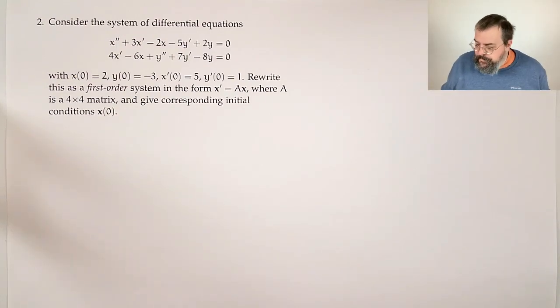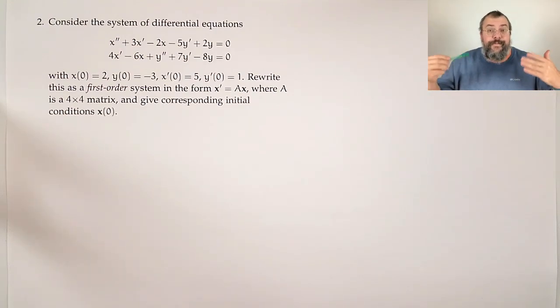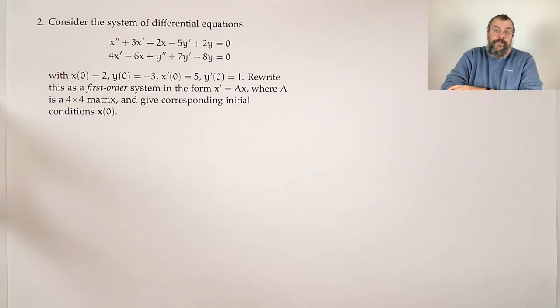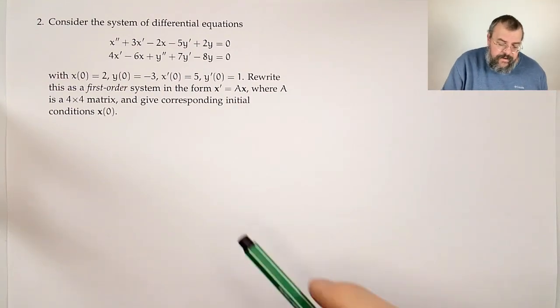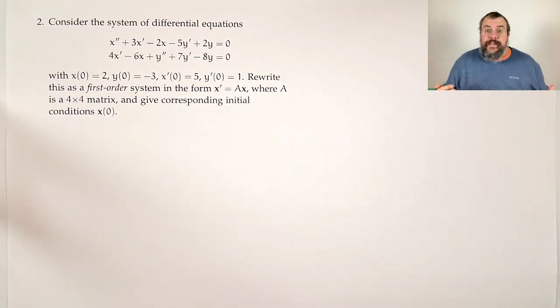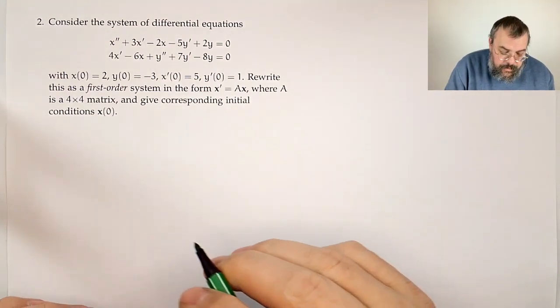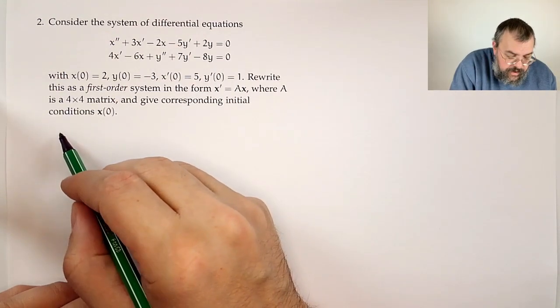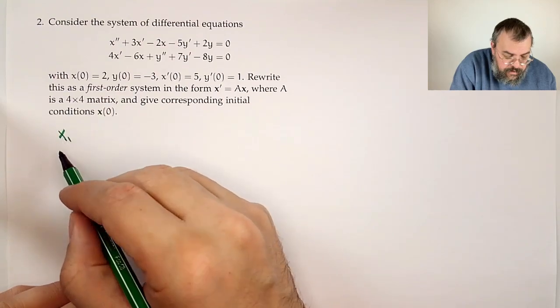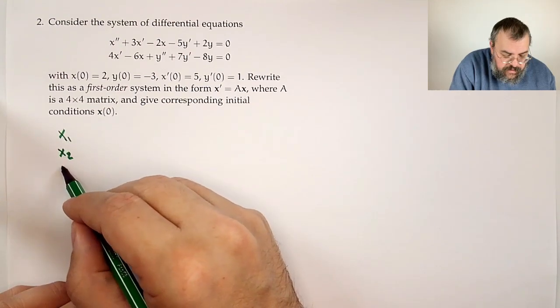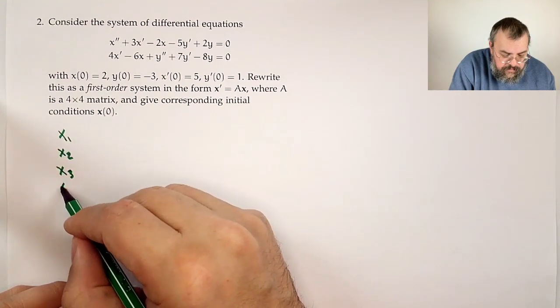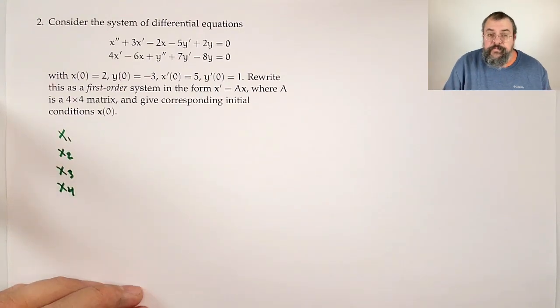And the way it works is we'll introduce some new variables here. So normally when we think of x prime equals Ax, and we're told it's a 4x4, what we have is 4 things we're trying to solve for: x1, x2, x3, x4.